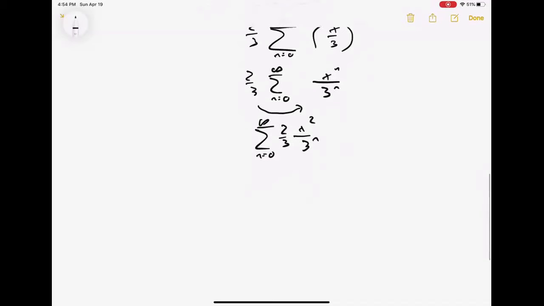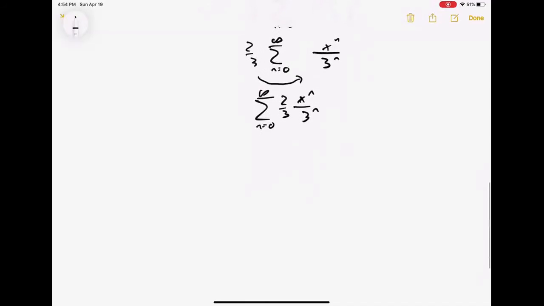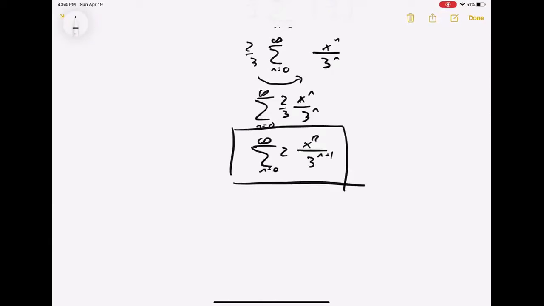I write 2's instead of n's a lot. Now I'm multiplying x to the n over 3 to the n by 2/3. How could I combine these 3's? 3 to the n times 3 becomes 3 to the n plus 1, and then I have a 2 out front. So maybe my final answer could be written like this: the sum of 2 times x to the n over 3 to the n plus 1.